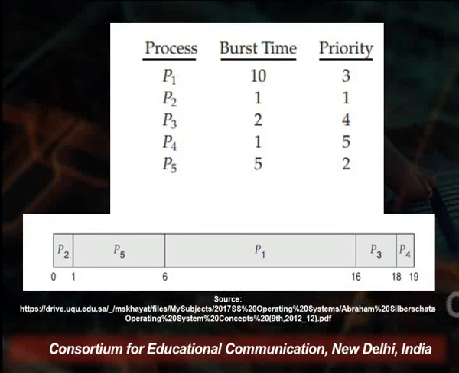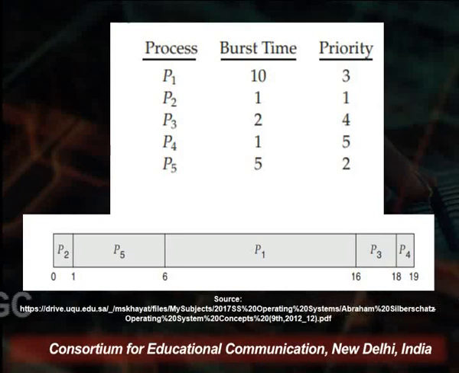If you look at the Gantt chart at the bottom of the screen, we start with job P2 first. P2 with priority 1 needs the CPU only for 1 millisecond because its burst time is 1 millisecond, so from 0 to 1 it takes the CPU.